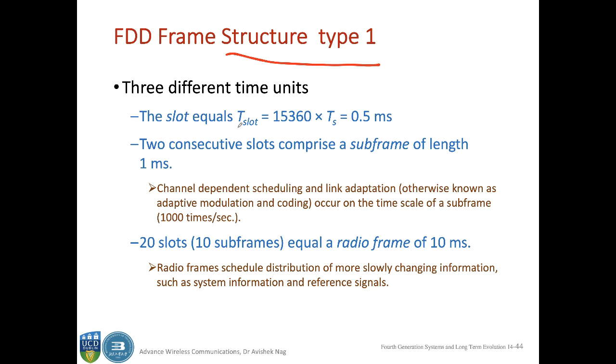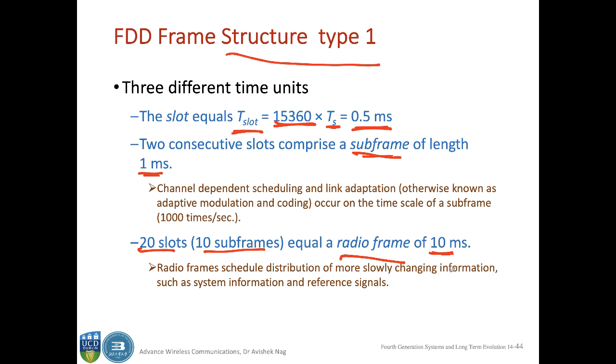The slot, T slot, is 15360 times the basic time unit, and this corresponds to 0.5 milliseconds. Two consecutive slots comprise a subframe of length 1 millisecond, and 20 slots or 10 subframes equal one radio frame, which is 10 milliseconds. So that is what you already know.